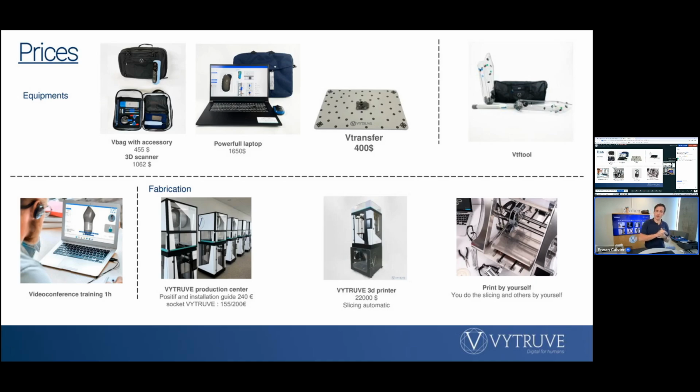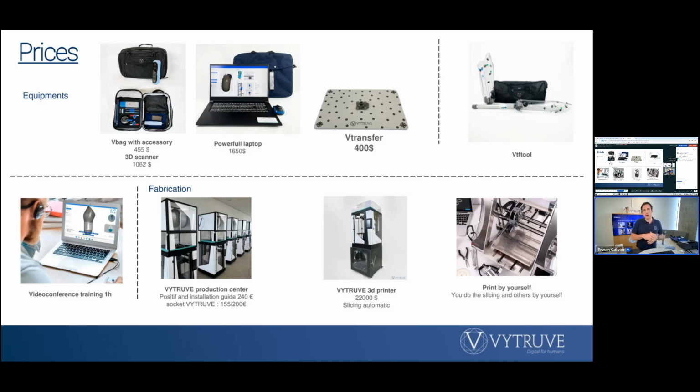And after, for the manufacturing, you can use the Vytruve Production Center, or you can also buy the Vytruve 3D printer. If you buy the Vytruve 3D printer, it's very nice because it's not necessary to take care of the slicing, and you are sure that your sockets are strong. You are sure that the positive and installation guide have a good quality.